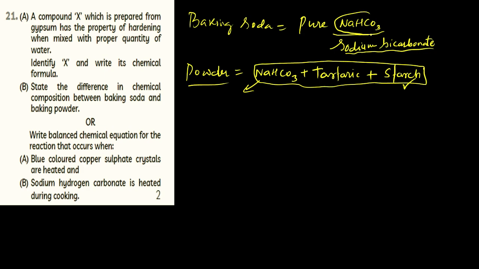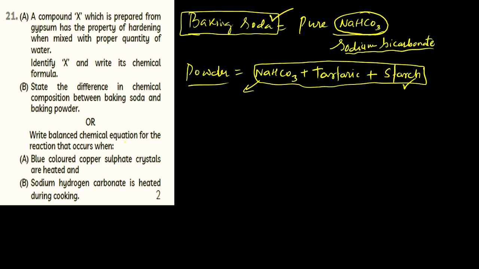But in case of NaHCO3, if you are using baking soda, you need to add a pinch of starch, or you need to add some organic acid like acetic acid or tartaric acid to activate this baking soda to produce carbon dioxide. And if you need to pick up any one of these, go for baking soda. It's producing carbon dioxide in very large quantities and it's quick in action.